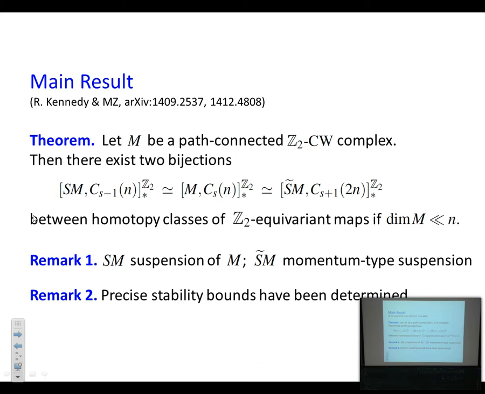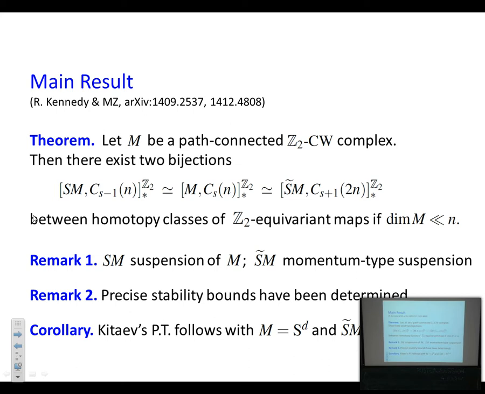In the second step, this is just the way the proof works out, we establish precise bounds in order for this to be true. They depend on S, and I'm not giving them here, but they are in this paper that we posted a number of months ago. You get the Kitaev periodic table by taking for M the D-sphere.